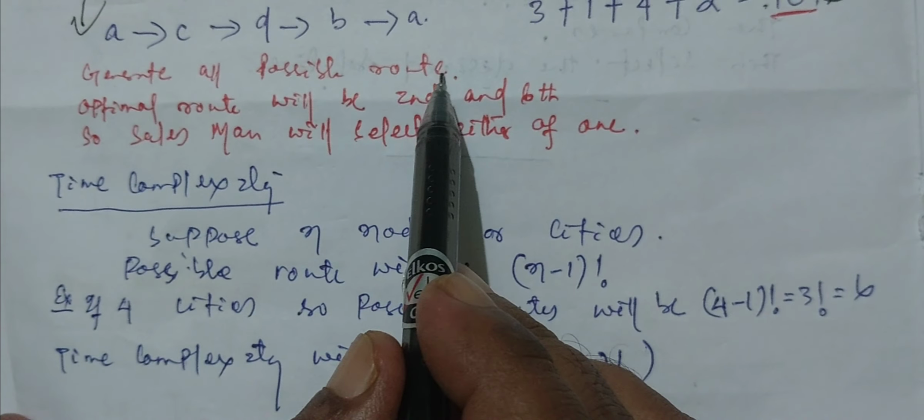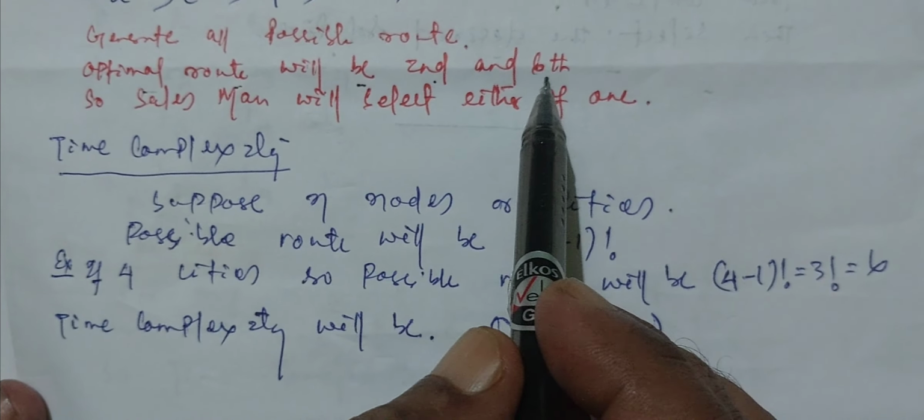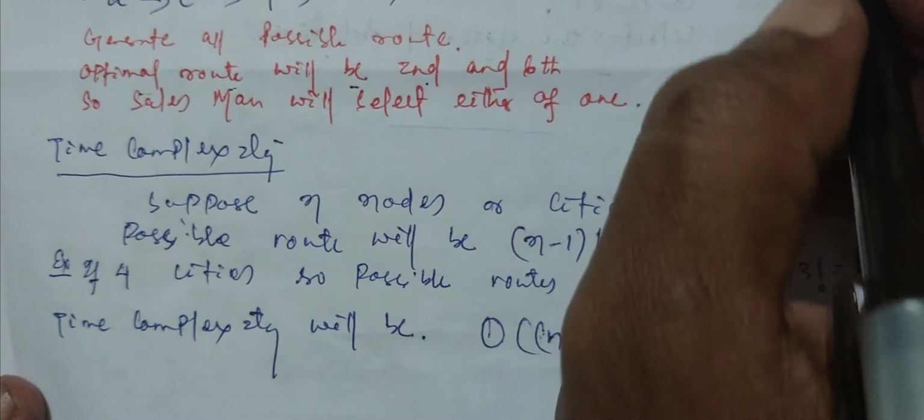Generate all possible routes. The optimum routes will be the second and the sixth. I told you this is the second, this is the sixth. So the salesman will select either one.